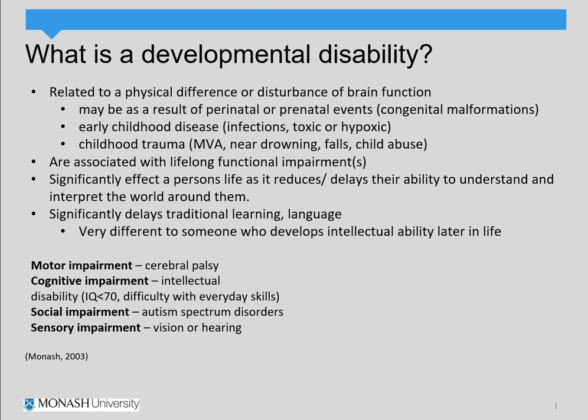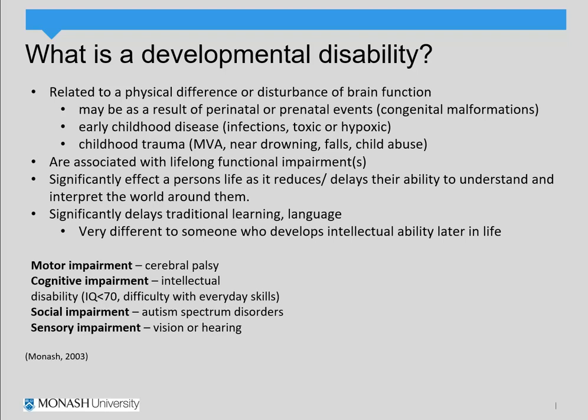We have social impairment. A really great one that everyone probably knows of is autism spectrum disorders, and it is a spectrum. If you want to delve into that a bit more, it's actually very fascinating to see some of the well-known and famous people who actually have diagnosed autism spectrum disorder. There are people on there like Bill Gates.